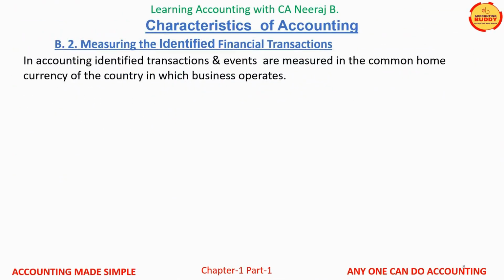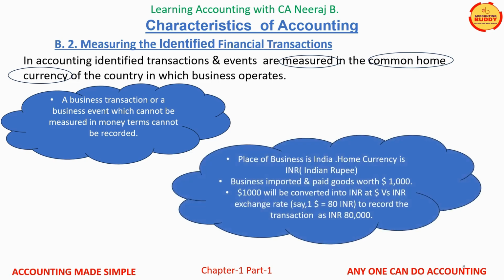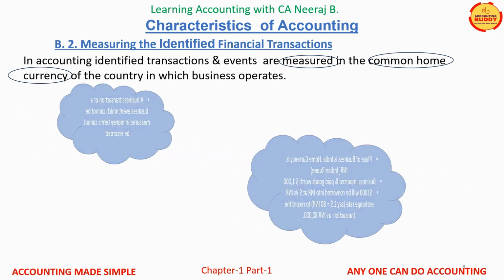Second systematic approach in accounting is to measure the identified financial business transaction into currency of the country in which the business operates. All the financial transactions are measured in the same currency. It also means if the original transaction, say, is in USD, the USD transaction will be converted into INR at USD versus INR exchange rate, assuming the place of business is in India.